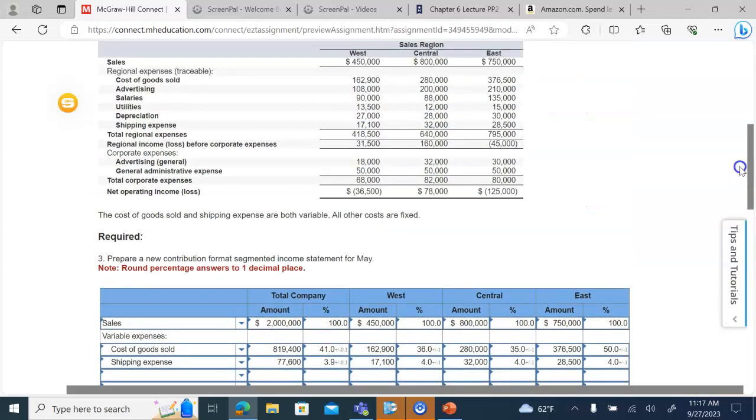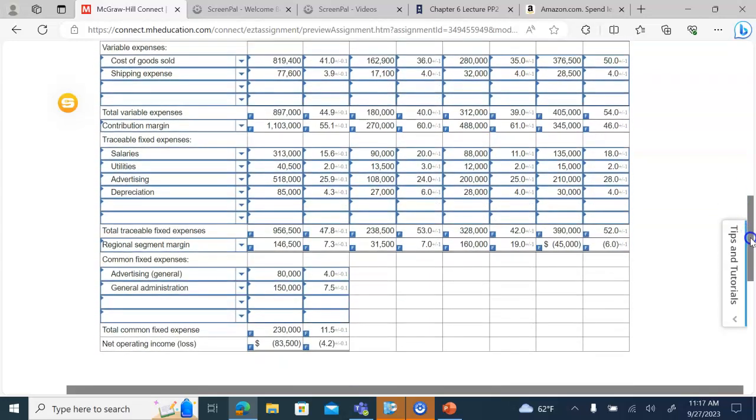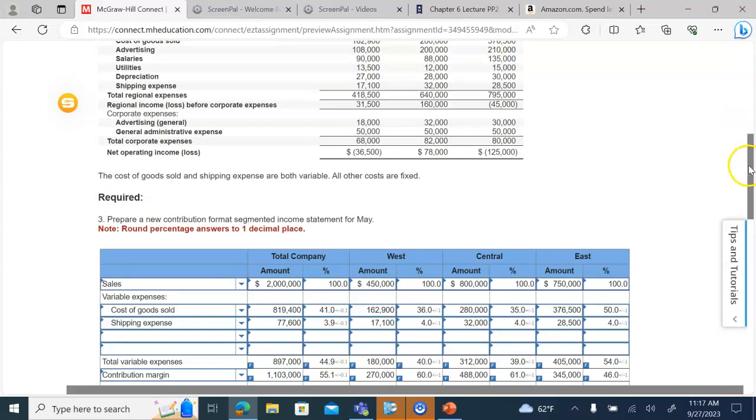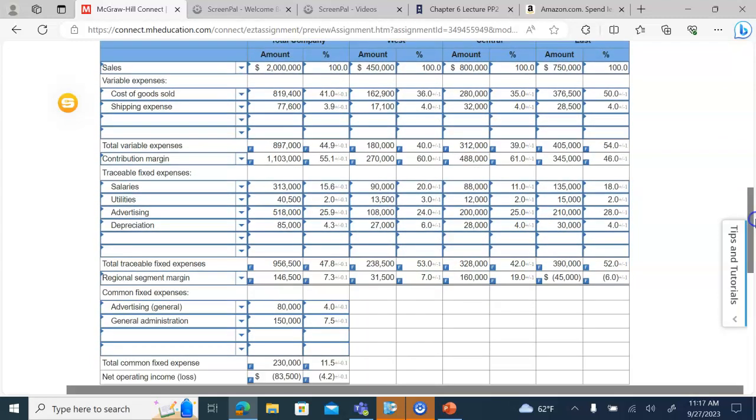Then the corporate expenses, the general and administrative, aren't going to be traced back. You know, they're common expenses. They're not going to get traced back. Okay? So I'll just put this up so you guys can get some help there.